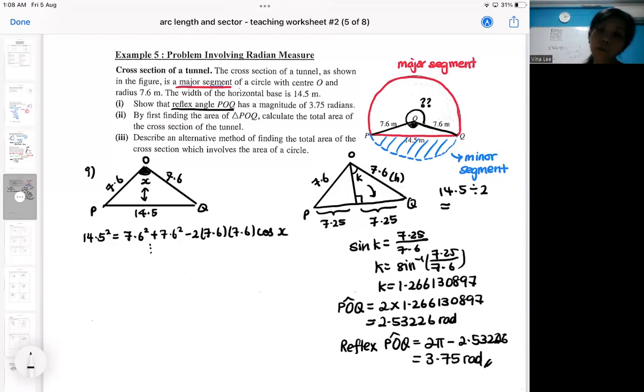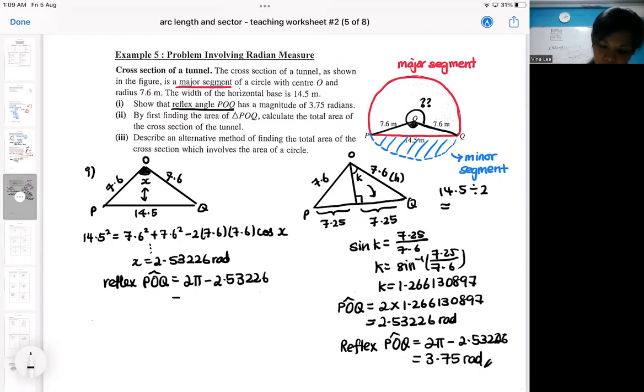In this case, if you do the cosine rule, your x will be 2.53226 radian. If you would like the reflex, you got to go through the same thing, but instead of using 360, you use 2 pi. So it shouldn't change your answer. You will still get the same 3.75 as a reflex answer. Whichever you prefer, you just go ahead.